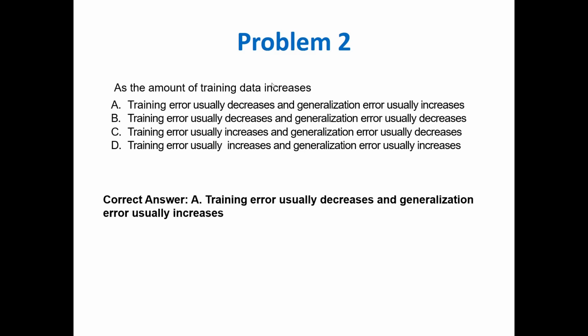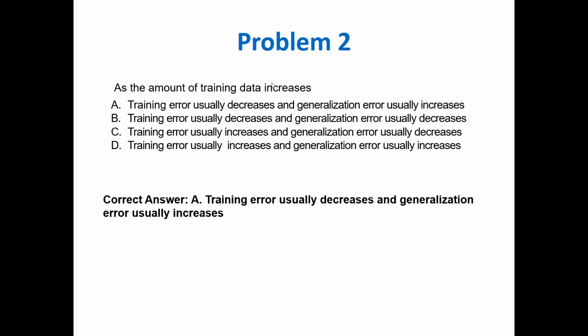Correct answer is training error usually decreases and generalization error usually increases. Why? Because if we have a limited data set, then training error will increase, because the available data set we have to divide into train set and test set.